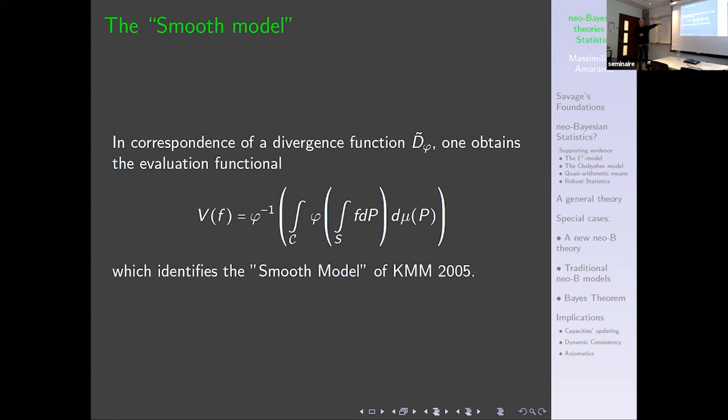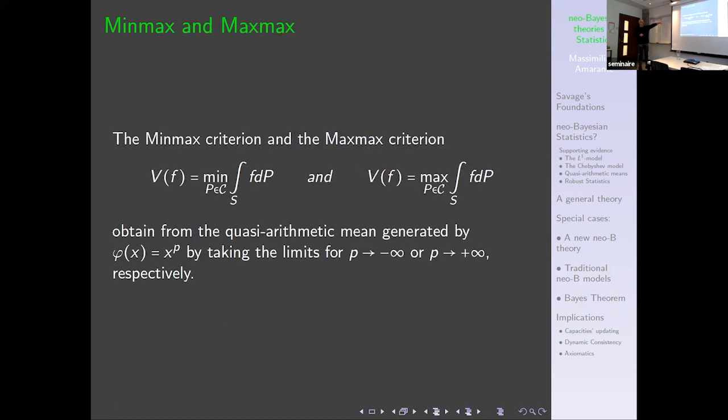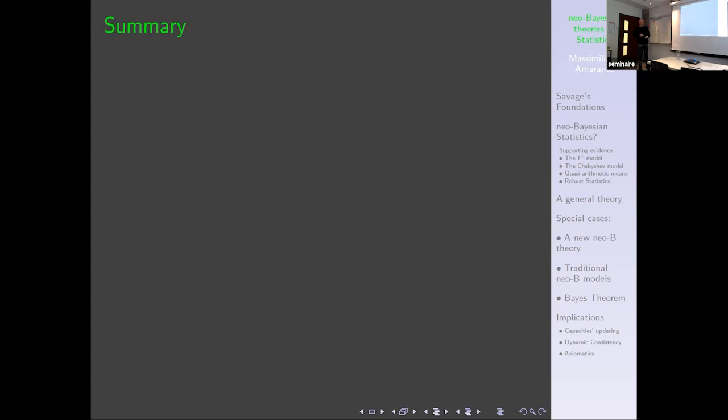When function phi is the power function, x to the p, the limits give you the max-max. So as you can see, we do have the alternative probability, the alternative statistics that are associated to these well-known models.